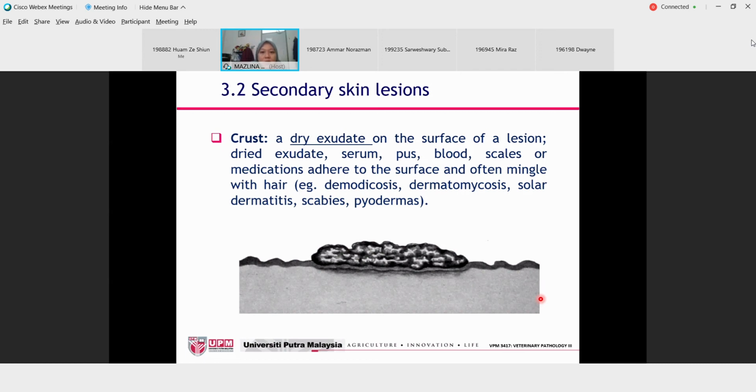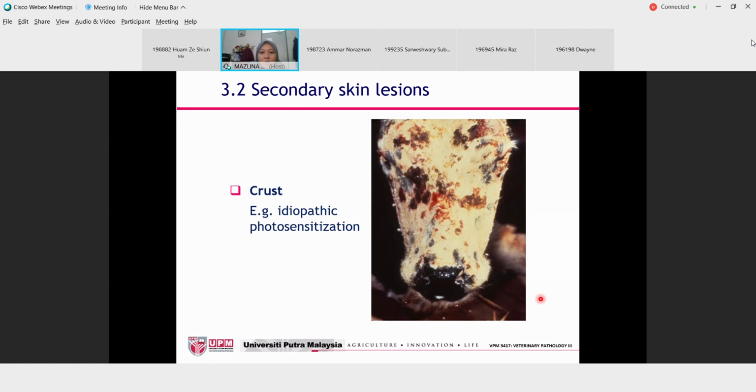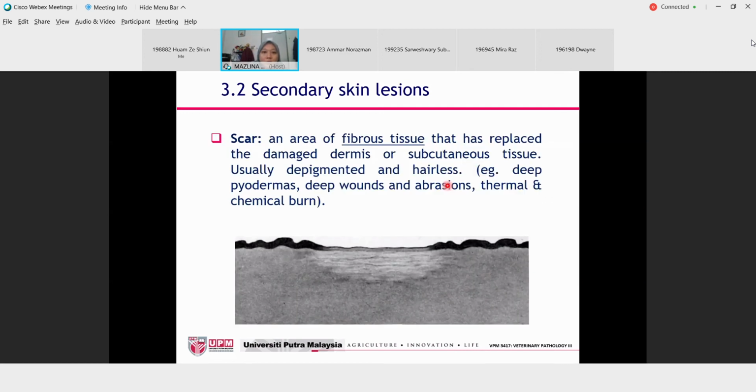Alright, this is an example of a cow with idiopathic photosensitization. So the typical finding is the formation of crust on the skin. Okay. Next we have scar. So scar is an area of fibrous tissue that has replaced the damaged dermis or subcutaneous tissue.